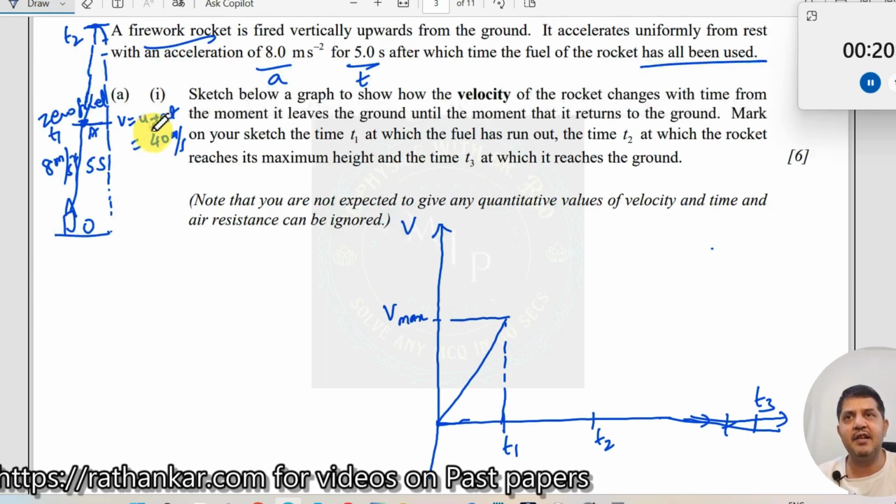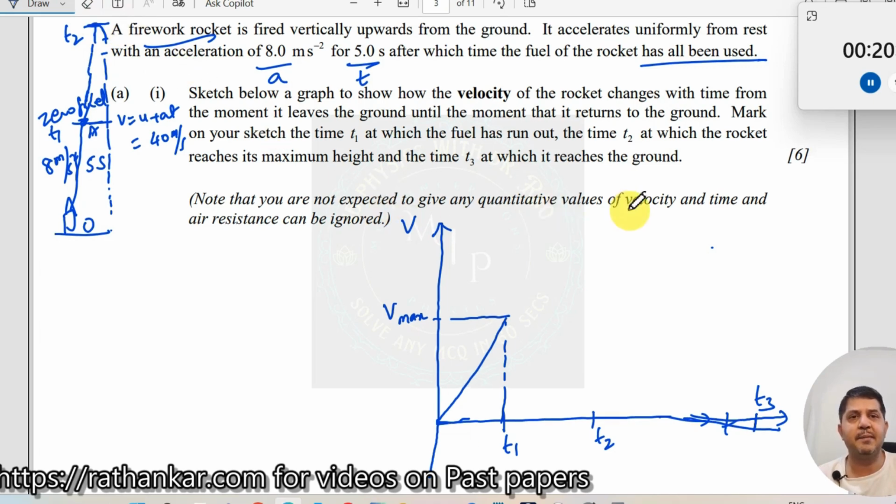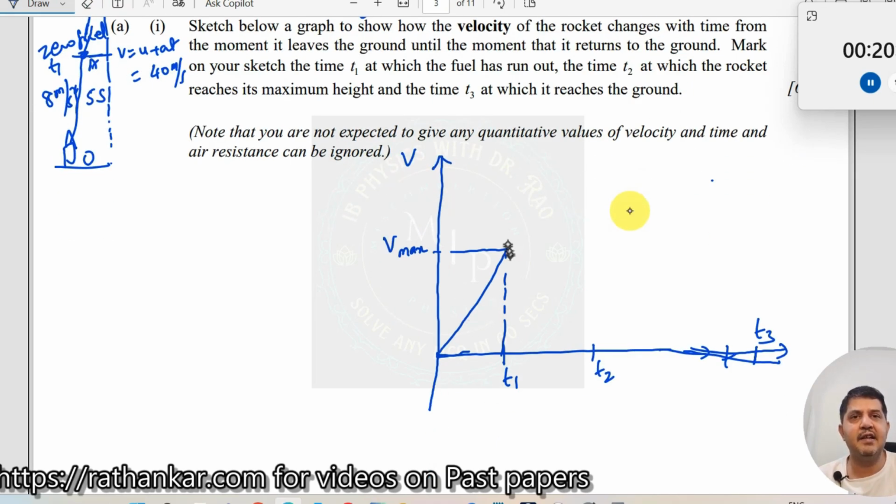I already showed you it reaches V max of 40 meters per second, and after that it becomes 38, 36, 35, 34, 30, 10, 5, 4, 3, 2, 0. So it will reach a value equal to 0 when it reaches the maximum height. Therefore, you will once again get a straight line which intersects this point.